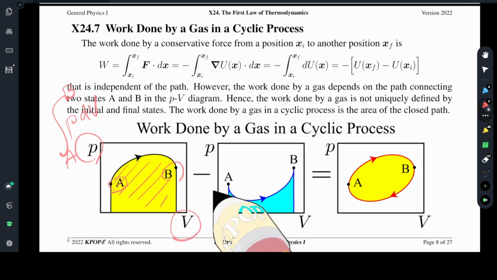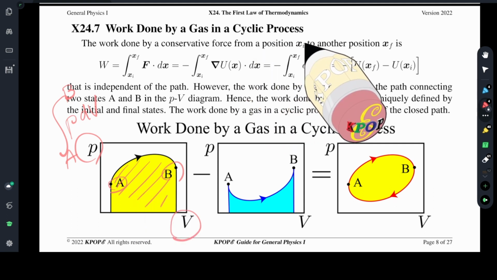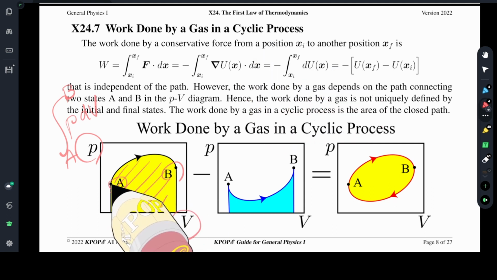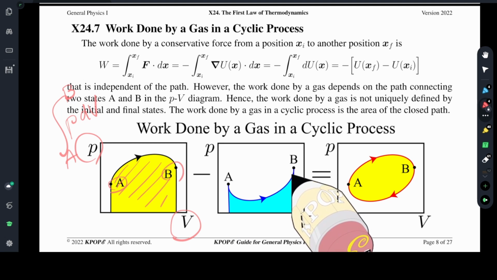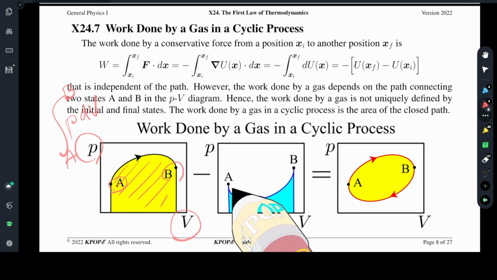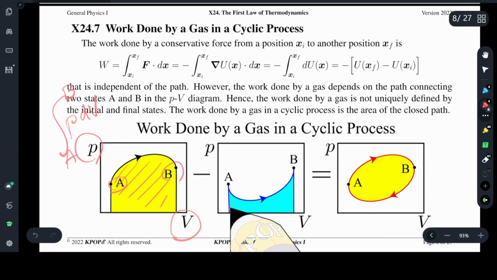If this is a cyclic process, when the path is going from A to B, this is the work done by the gas during the process from A to B, the area under the upper curve.